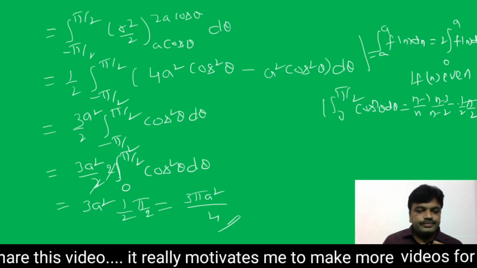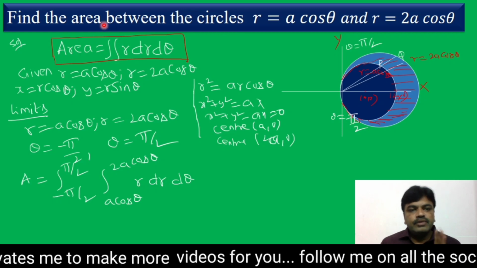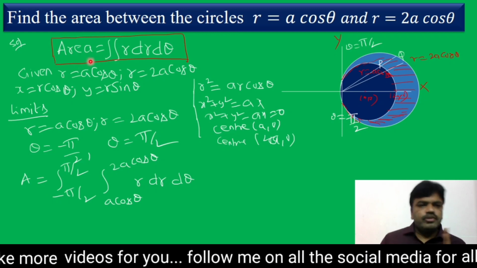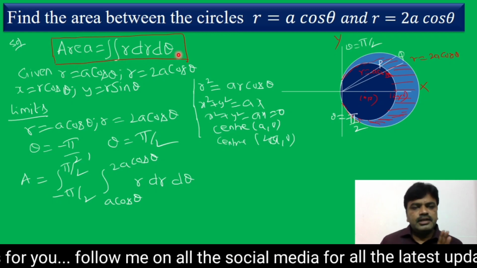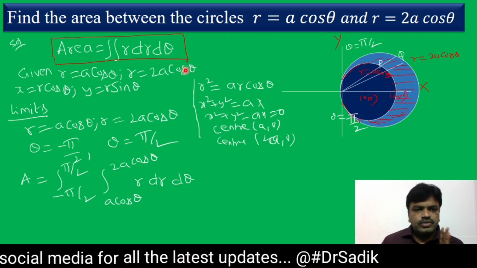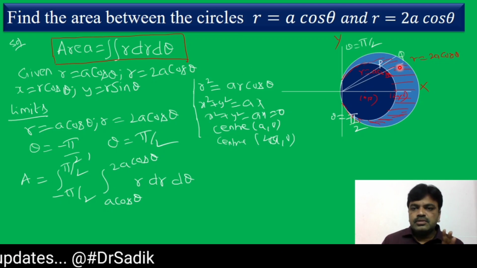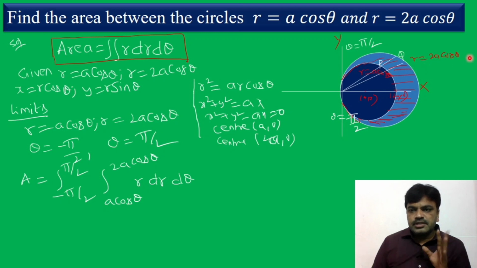Once again, what does it say? Find the area. So you write the formula: area is equal to double integral r dr d theta. Moreover, r is equal to a cos theta and r is equal to 2a cos theta represent circles. So draw the circles. This is our bounded region. Here r goes from a cos theta to 2a cos theta.